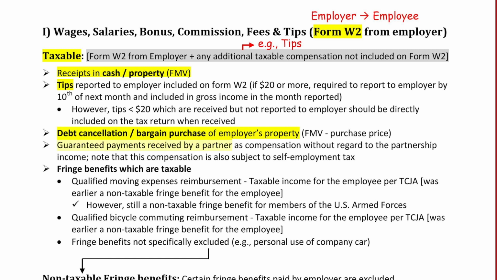Highlight guaranteed payments received by a partner as compensation without regard to the partnership income. This underlying compensation is also subject to self-employment tax, and we'll talk about guaranteed payments in Reg 4.2.